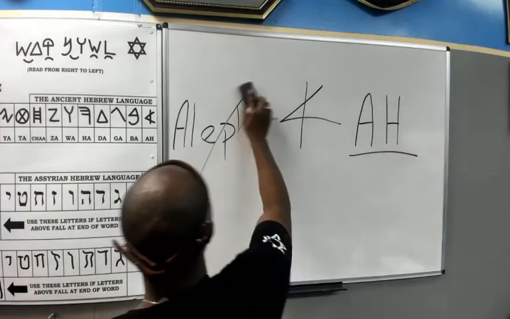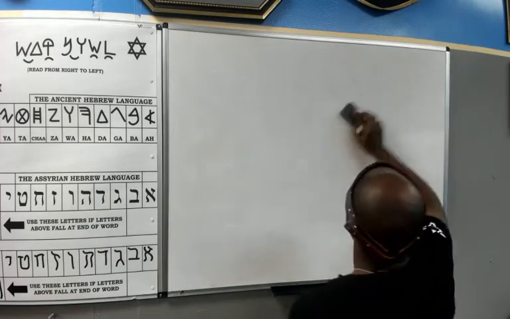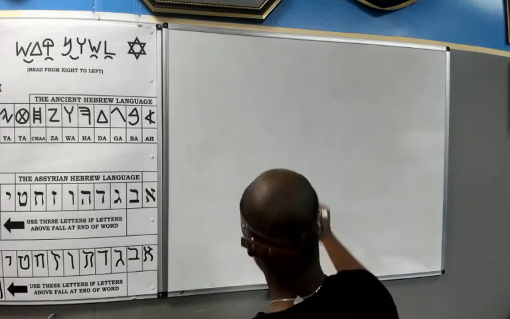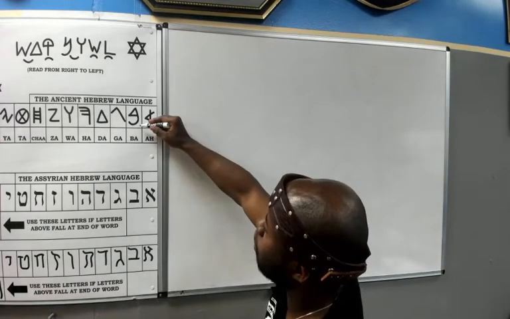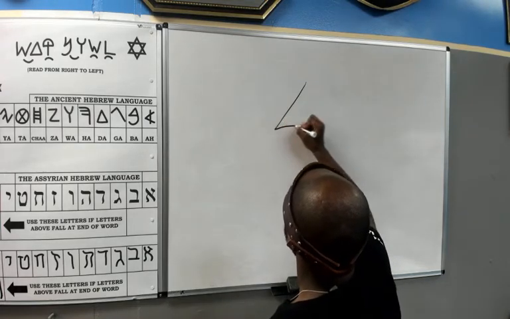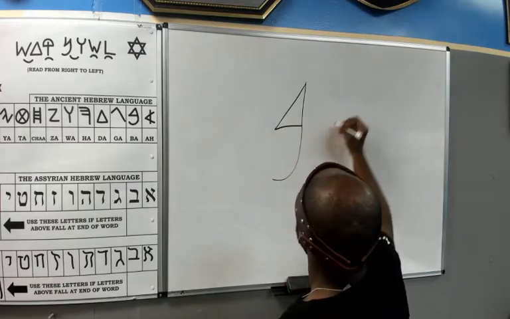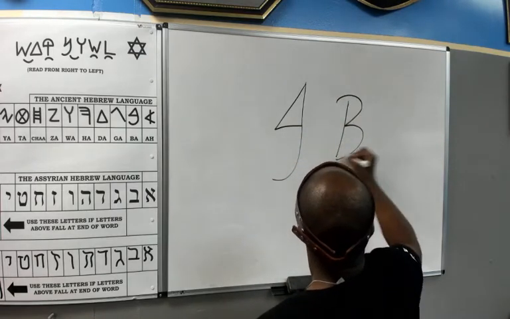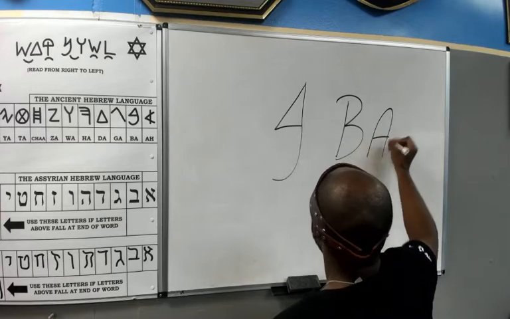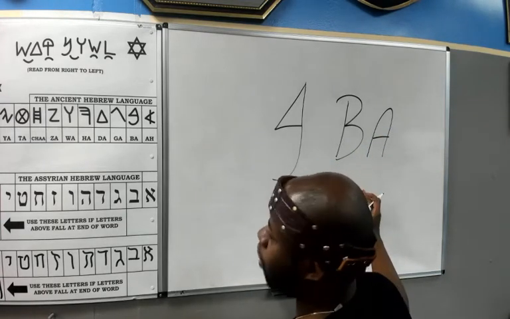All right. Let me show you another one. We're going to go with the second letter in the alphabet, Ba. And it's much more simple to say it the way in which it's originally spoken because it's straight to the point, unlike the white man.